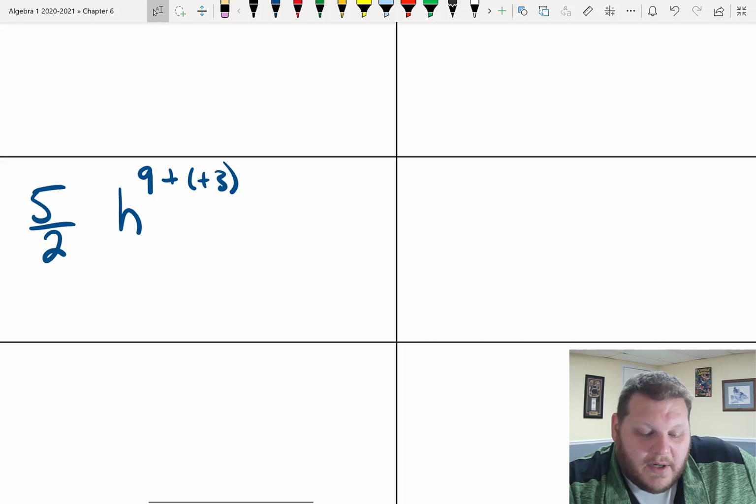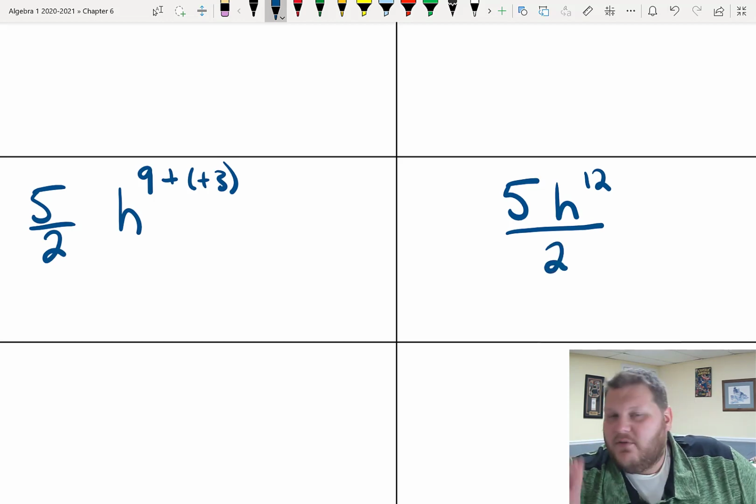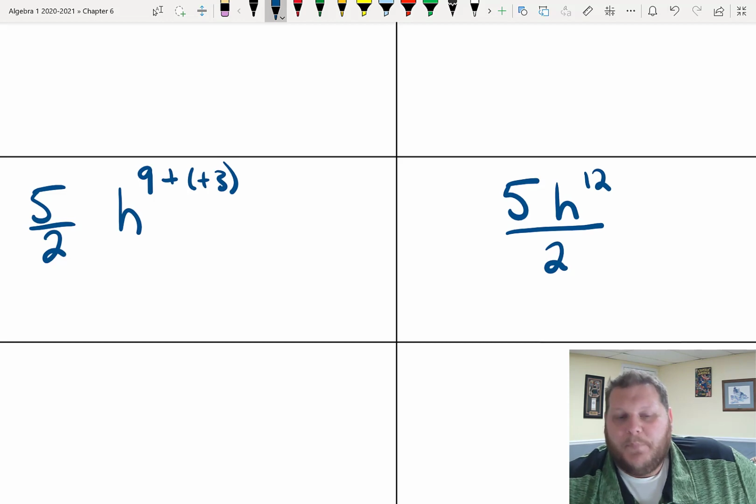So the way that I would write this up, I would say 5h to the 12th all over 2, because my 5 and my 2 didn't reduce at all. They don't have anything in common, so they stay just where they were. My 5 stays up top, my 2 stays down below. But my h's, I can combine those together and say that this is h to the 12th power up top.